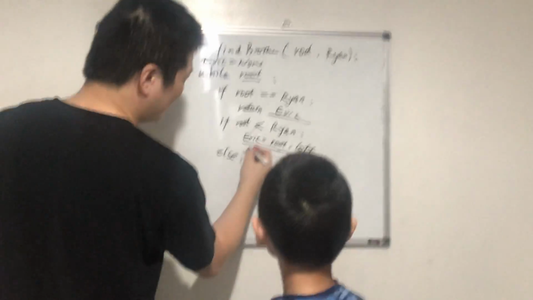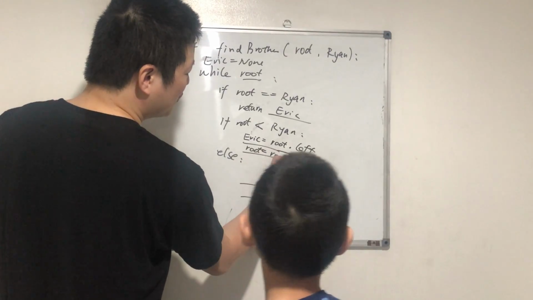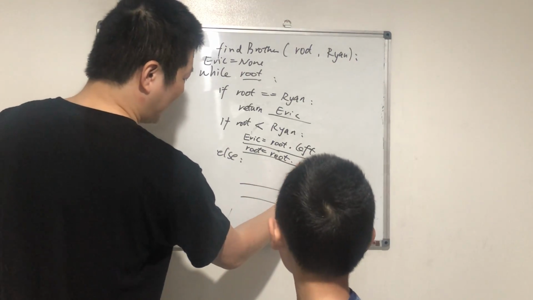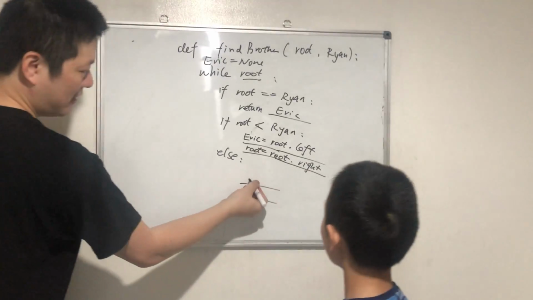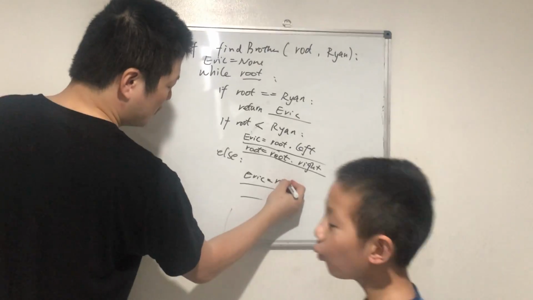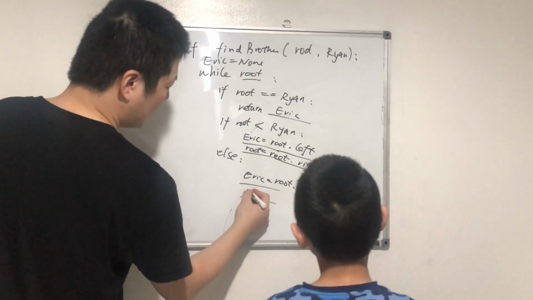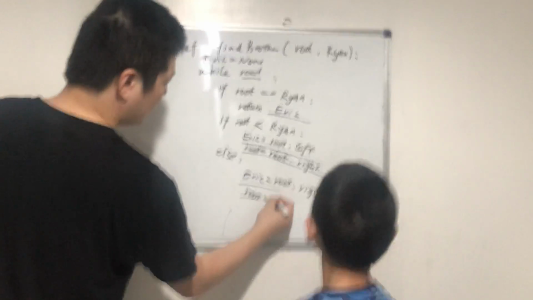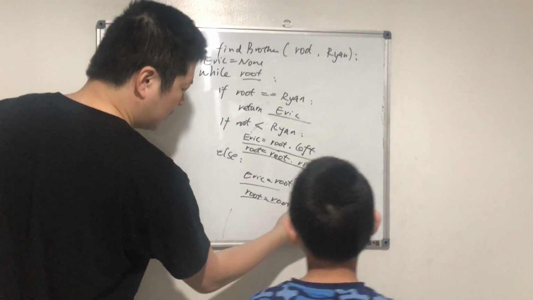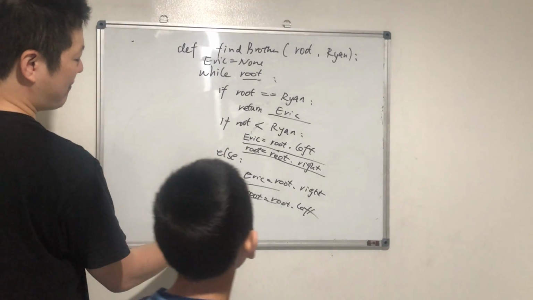And then root equals root dot right. And then we can return sibling here.